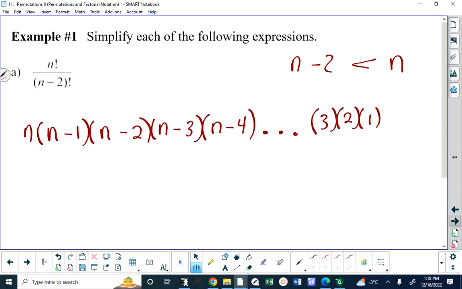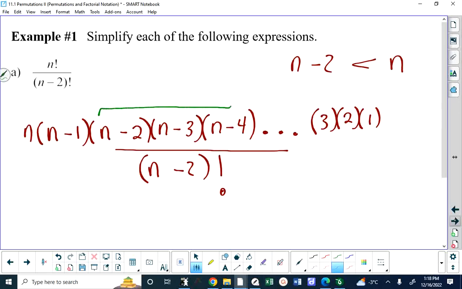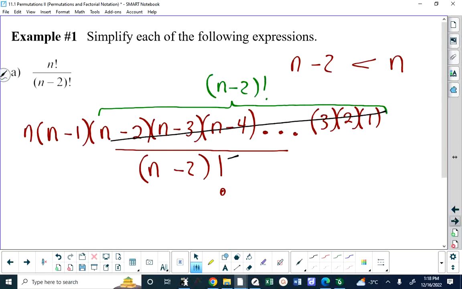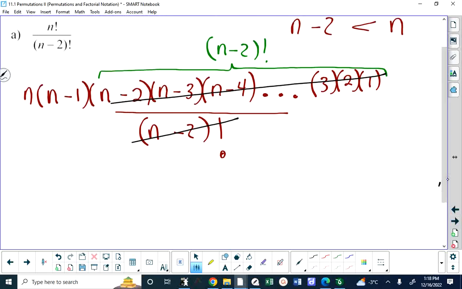And this is over n minus 2 factorial, which we don't expand, because then that is n minus 2 factorial, so that cancels with that, and we're left with n times n minus 1. So the answer is n times n minus 1, or n squared minus n.